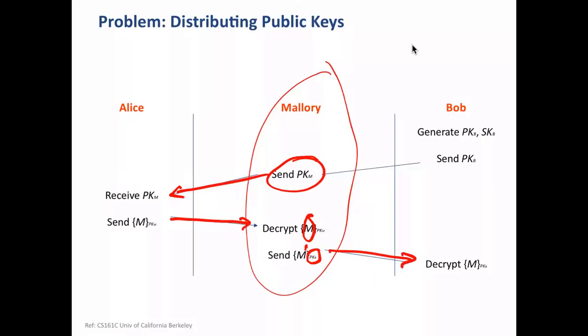So what will happen? Bob will decrypt it with his own private key, and get M dash instead.